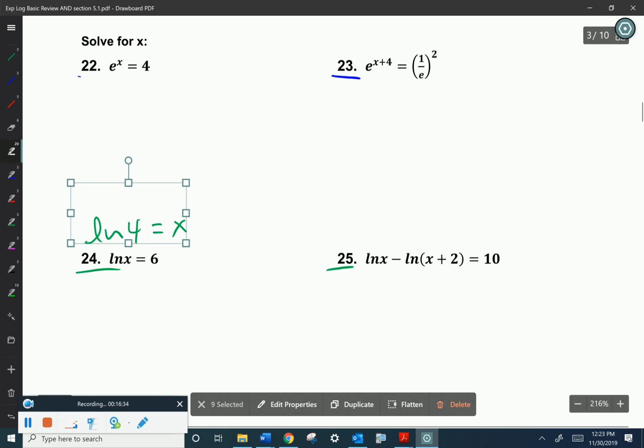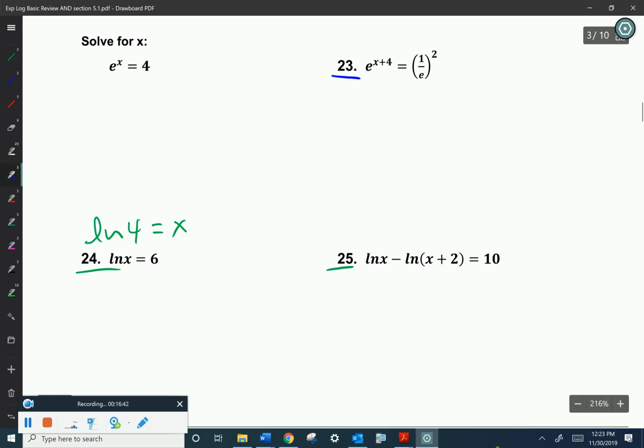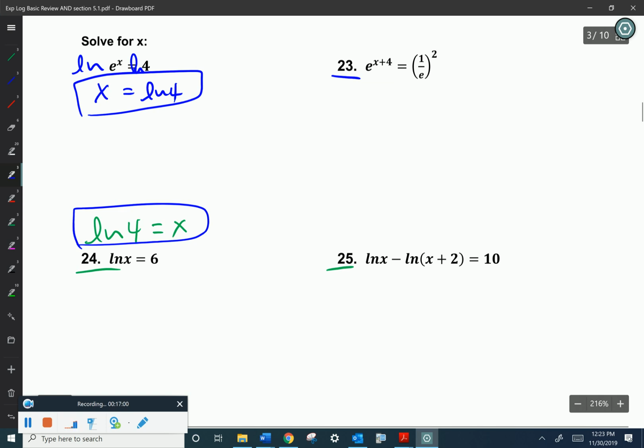When I solve this one, instead of changing the form, what if I said, I'm going to take the log of both sides. So I'm going to take the log of this side and the log of this side. And so over here, the natural log and the e cancel, so all I have is x. And on this side, I have natural log of 4. Well, either way you want to look at it, we're going to get the same answer, right?